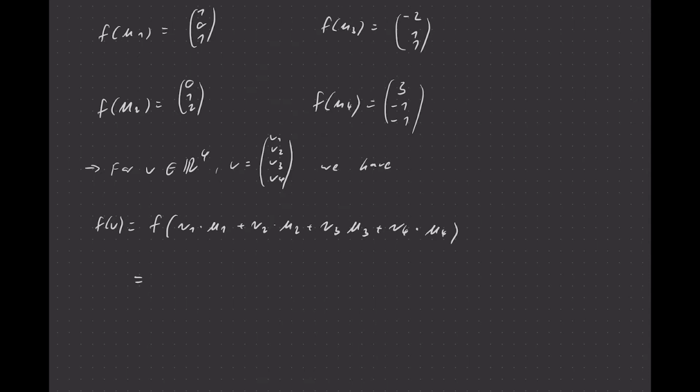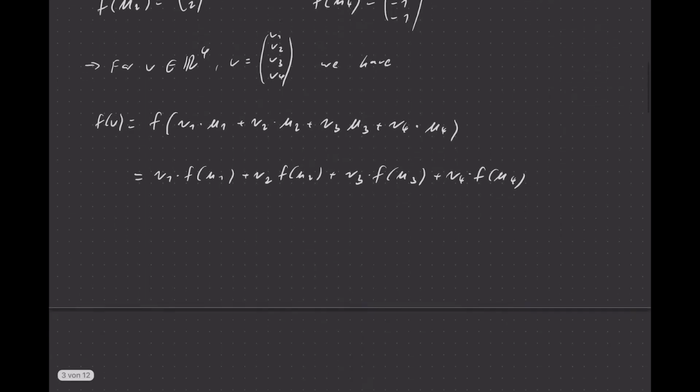By linearity of the function f, we know this is the same as v1 times f of u1 plus v2 times f of u2 plus v3 times f of u3 plus v4 times f of u4. And we know the values of f of u1, u2, u3, u4. Remember, we prescribed those when we defined the mapping.